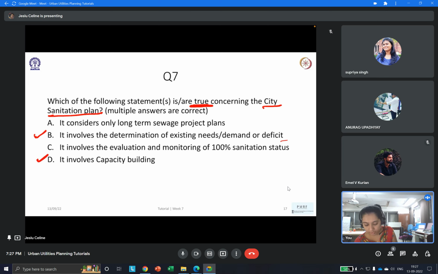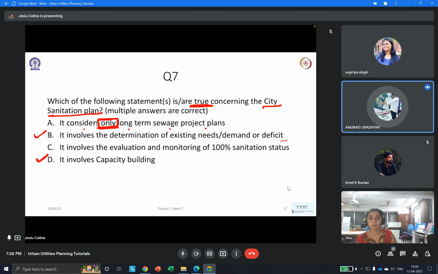Okay, right. Why not A? It considers only long-term sewage project plans. Why is A not true? Because it says it's only considered long term, which is not true. It makes sense. Because of this word 'only', it creates a problem. And it involves evaluation and monitoring of 100% sanitation status. We are not looking into 100% sanitation status all the time.